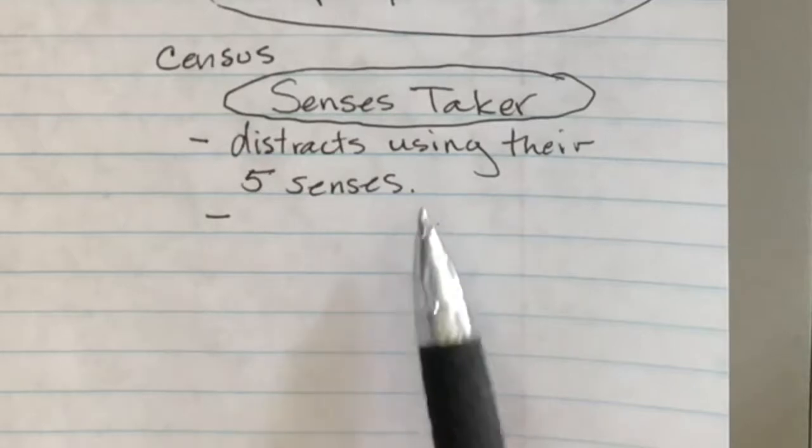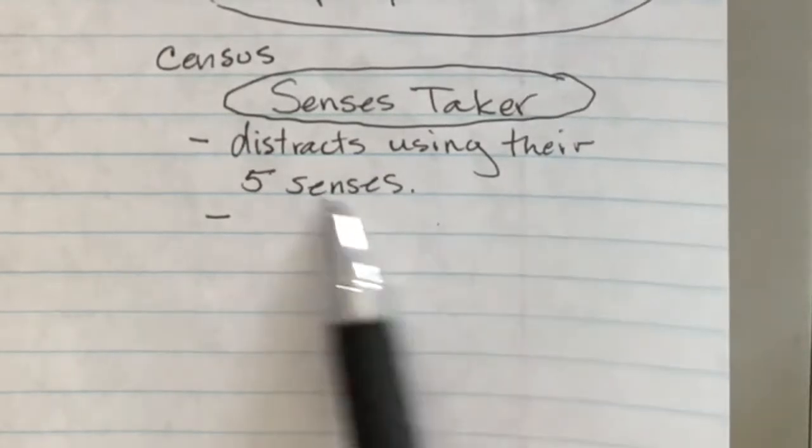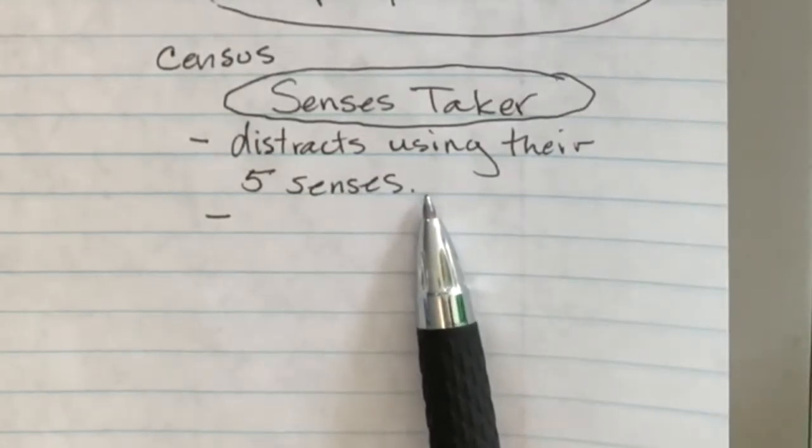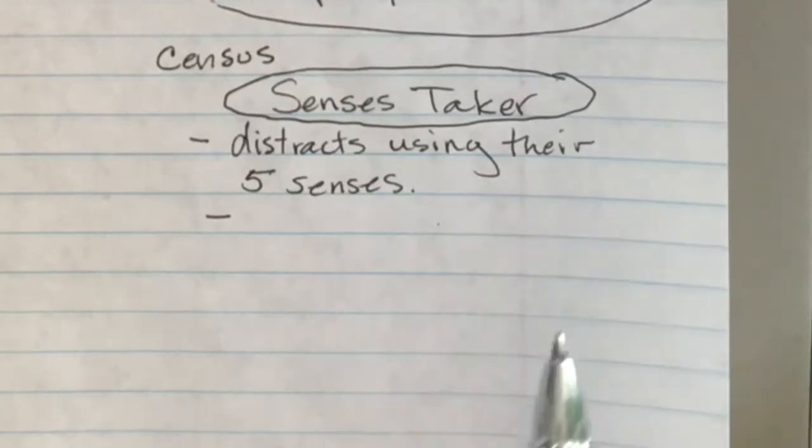The census taker distracts Milo and his group using their 5 senses, smell, touch, sight, etc. But what he's really trying to take away is their sense of purpose and their sense of duty and their sense of proportion. And these are a different way of using the word sense.